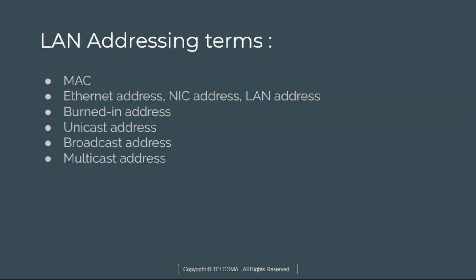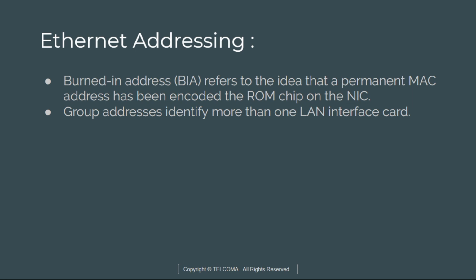If we discuss the structure of Ethernet addresses, the OUI, the organizationally unique identifier, is 24 bits, 6 hexadecimal digits, and then there are the vendor-assigned NIC interface bits.